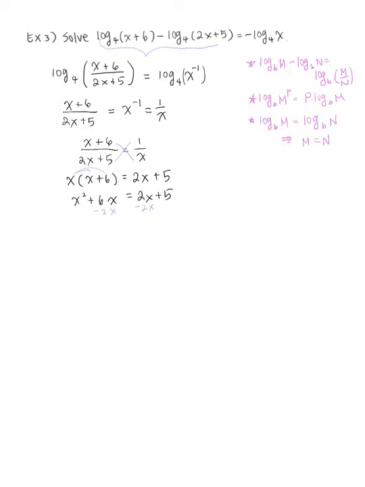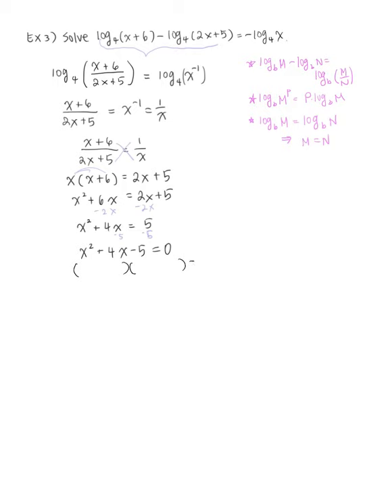I'll just do everything step by step. So we got x squared plus 4x equals 5. All right, now I'm going to subtract 5. And then what we're going to get is x squared plus 4x minus 5 equals 0. From here, we factor.